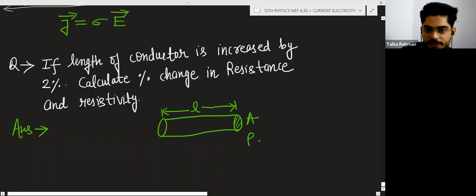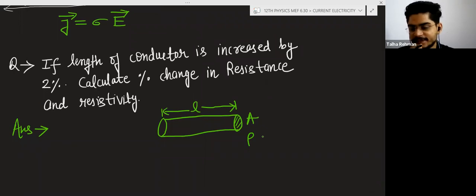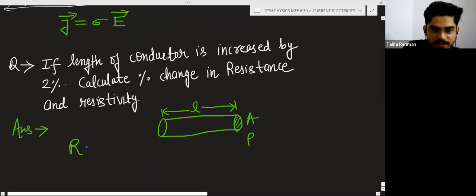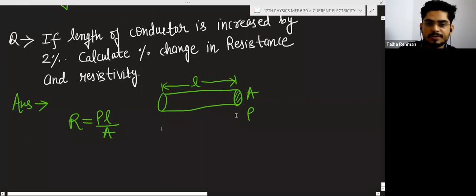They are asking to calculate the percentage change in resistance or resistivity. We have the formula of resistance, R equals rho L divided by A. So the resistance of this conductor initially will be rho L divided by A.